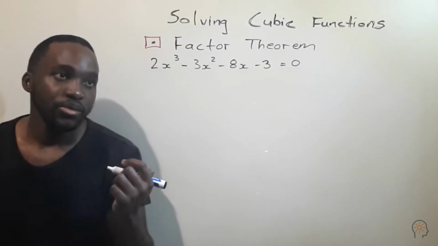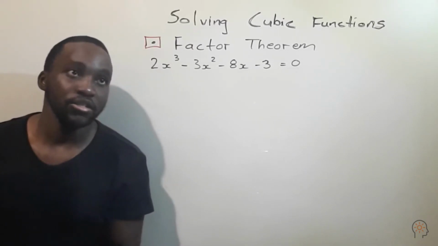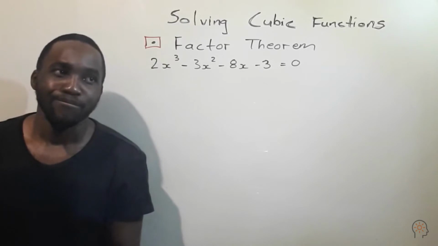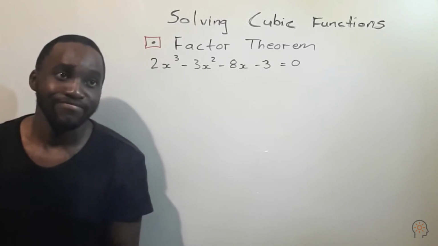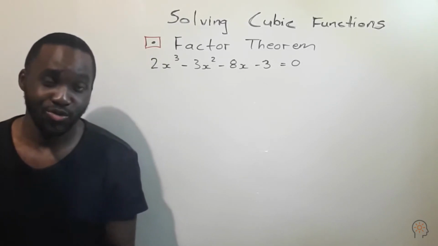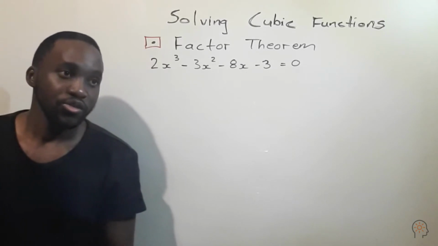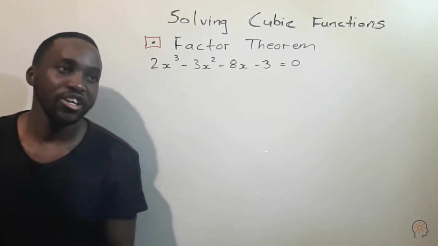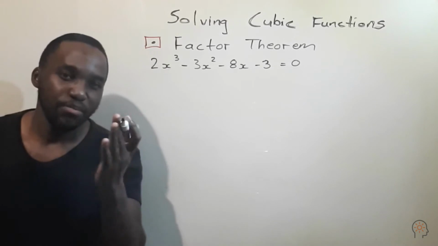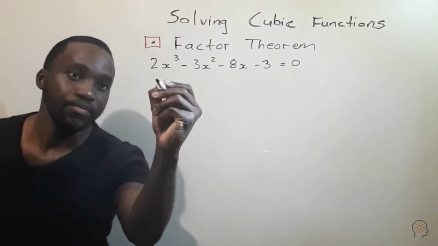So when we say use trial and error, you may be asking yourself, how many times are you going to guess to find an answer? The good news is for grade 12, you will usually always need to check between these numbers.